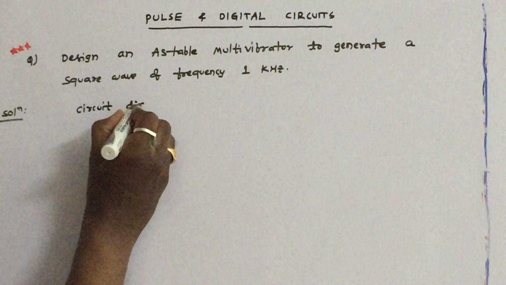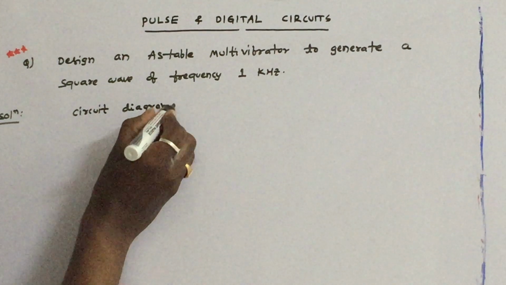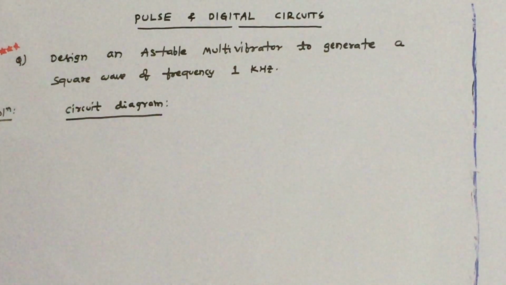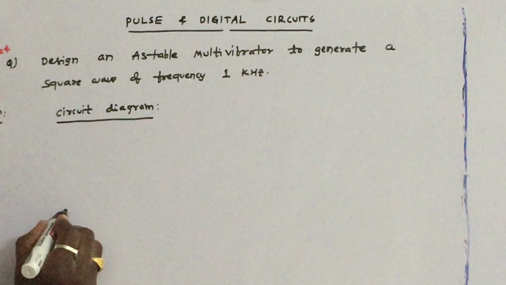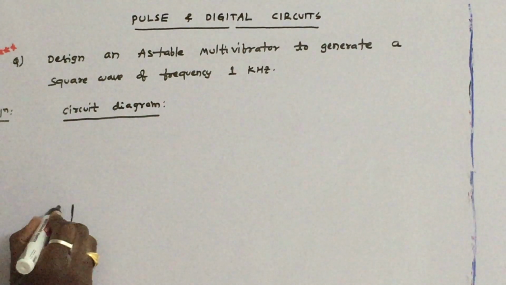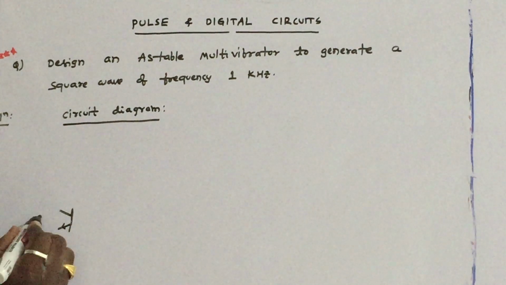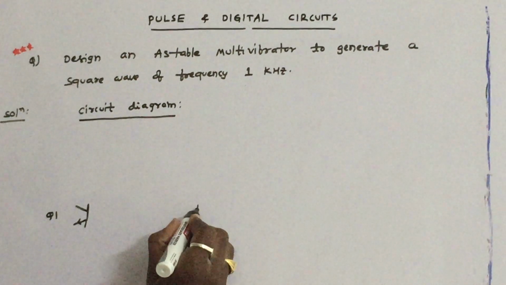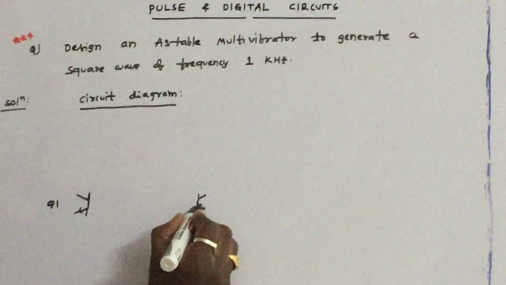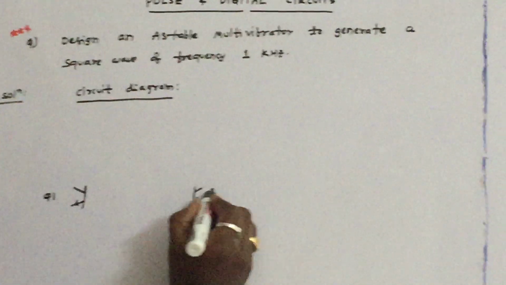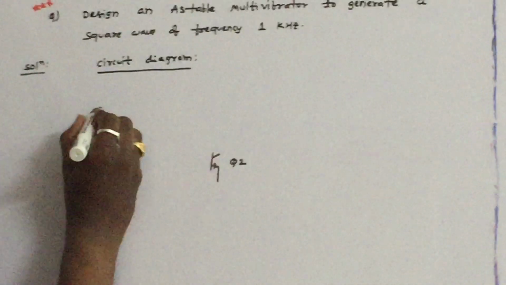of astable multivibrator. Circuit diagram of astable multivibrator. As you know how to draw the astable multivibrator, very simple diagram. It consists of two identical transistors, Q1 and Q2.